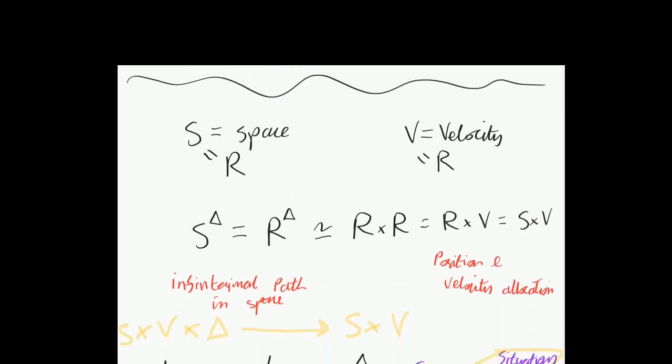And so now we can do our normal kind of isomorphism, because we're interested in how our particle is going to move through space. So let's consider an infinitesimal path in S, in other words, S to the power of delta. Well, that's R to the power of delta. And using our normal isomorphism, that's isomorphic to R times R.